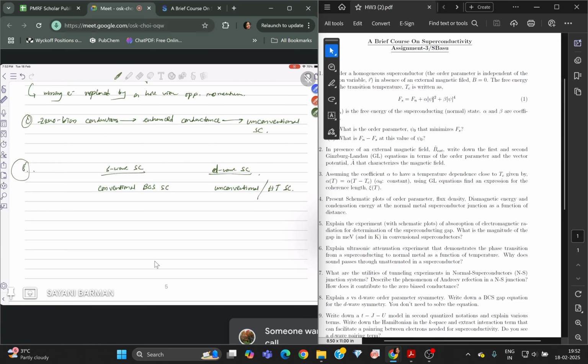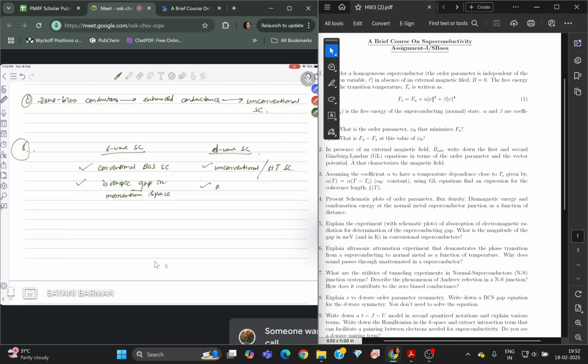So in S wave, we have an isotropic gap. And for this, we have an anisotropic gap with nodes, where at nodes, the gap vanishes, right?